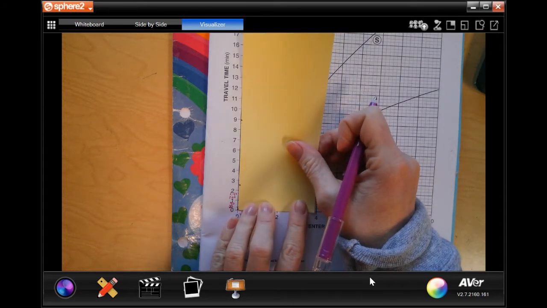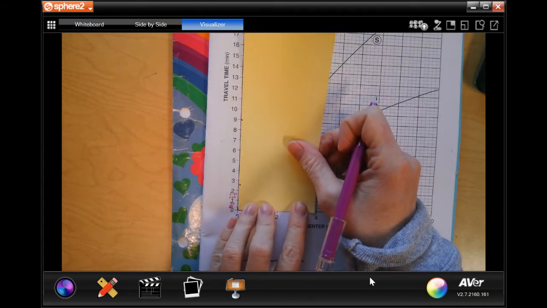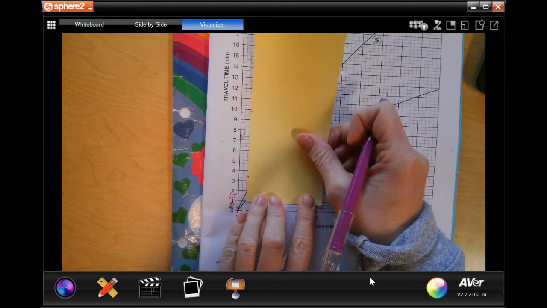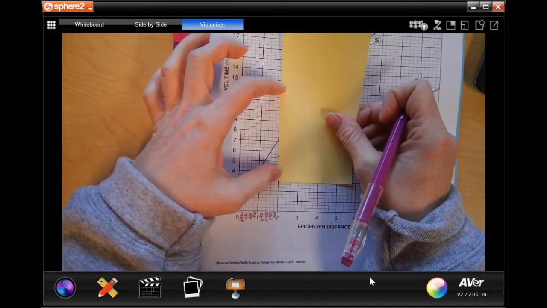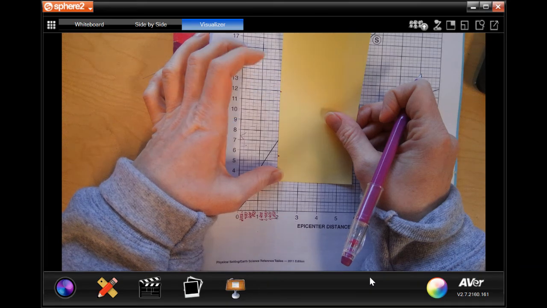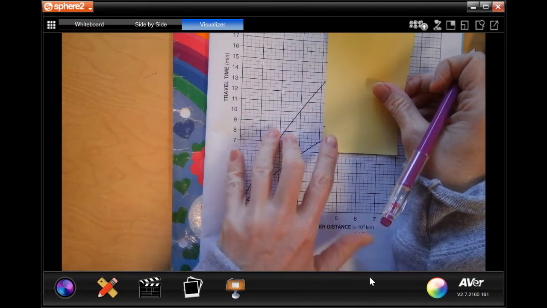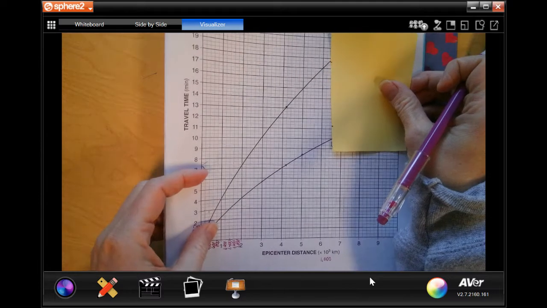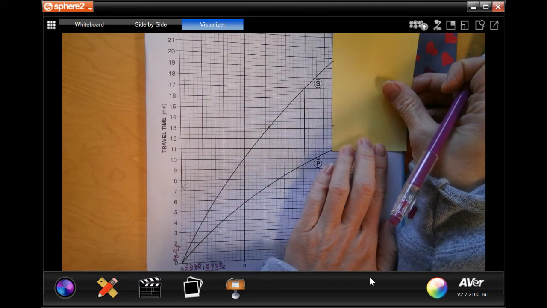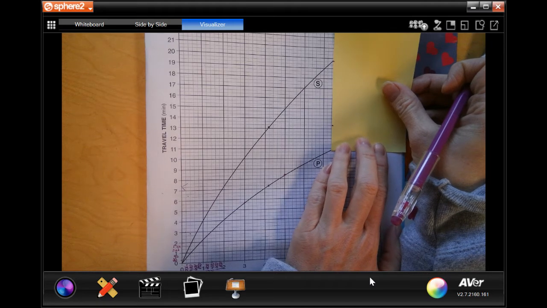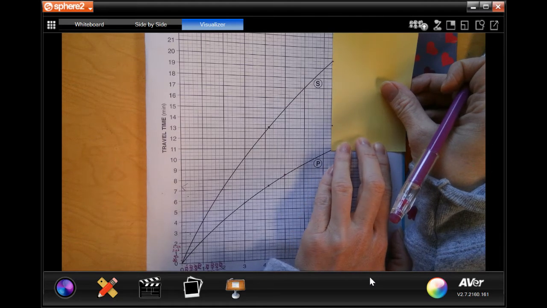Again, I'm going to be very careful to make sure my paper remains completely vertical, but I'm going to move the corner onto my P wave. And obviously this distance is a lot bigger, so I'm going to have to move my paper over much further to the right. I am going to get a match right about here.